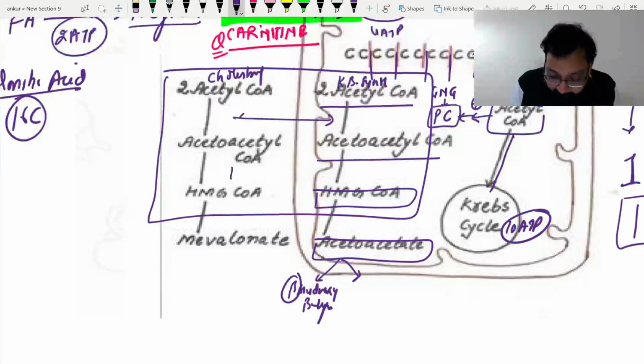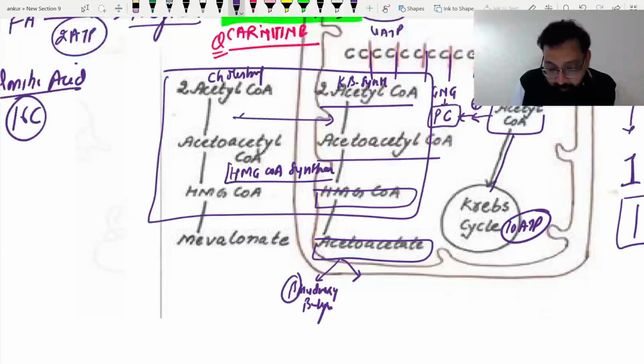The name of the enzyme of this reaction is HMG coenzyme synthase. Around 2014, an AIIMS question was asked: enzyme common to cholesterol synthesis and ketone body synthesis. Thiolase was not given in the options. The option was given HMG coenzyme synthase, and the answer was this.